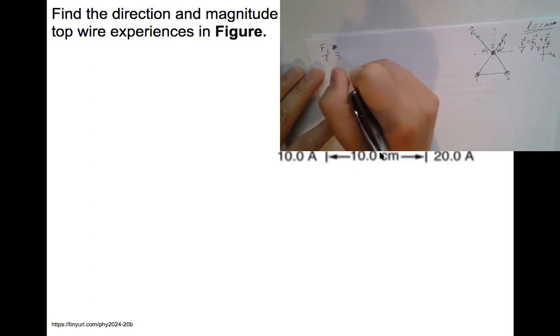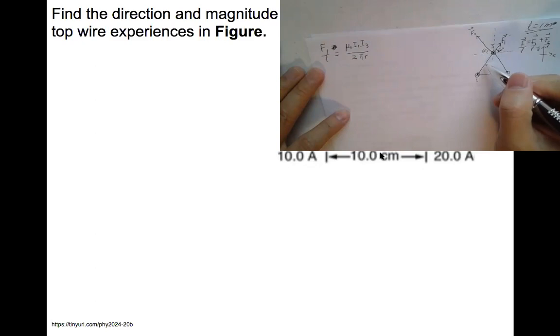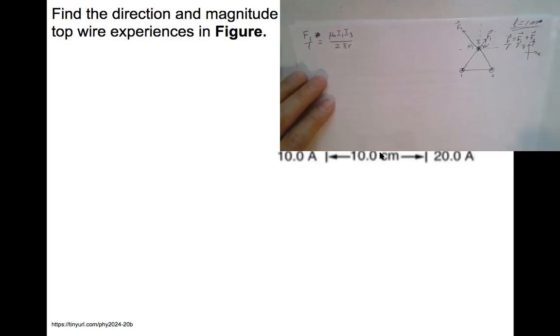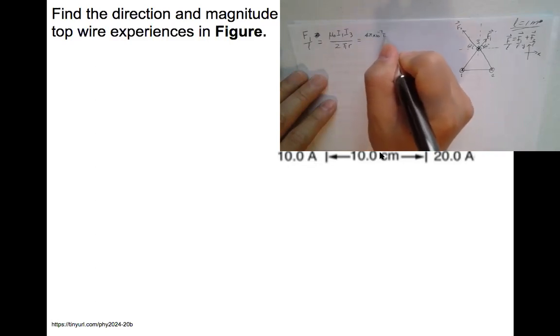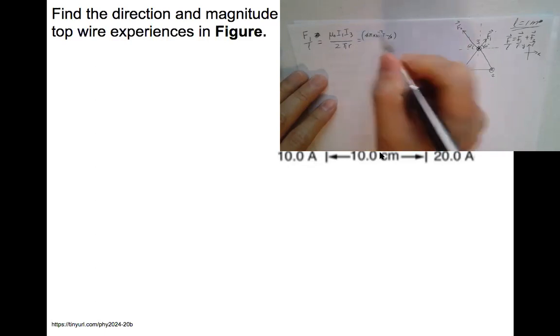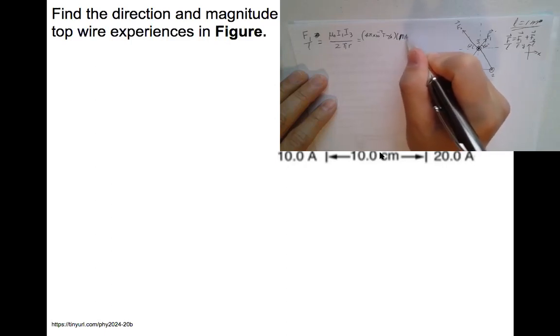F1 over L should be equal to mu naught I1 I3 over 2 pi r. R will be 10 centimeters. I1 and I3 are the currents between the two wires. So we are going to plug in the numbers. This is again 4 pi times 10 to the minus 7 Tesla meters per amp. I1 is given as, actually, 10 amps.